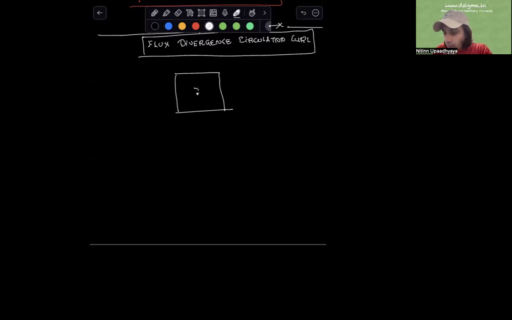So let's say we make this loop centered at the point x comma y in the two-dimensional plane. So that's our coordinate system. And the infinitesimal lengths of each of the sides of this rectangular loop are del x and del y.